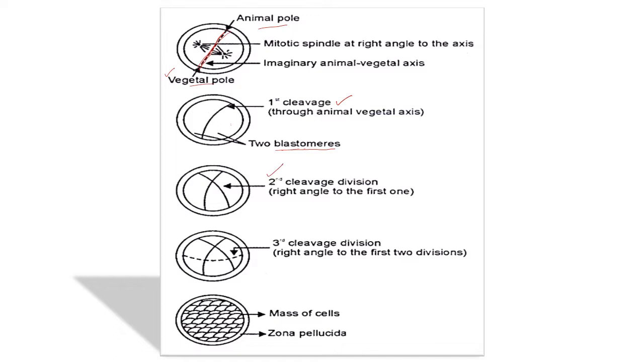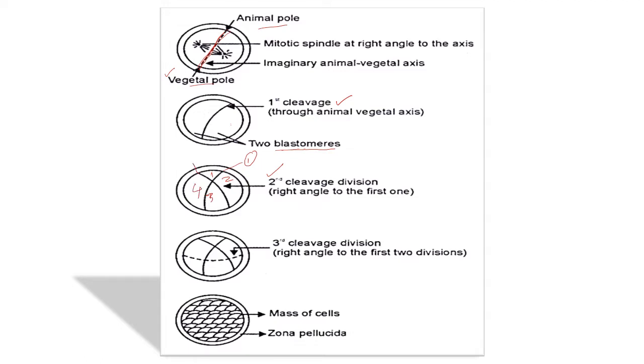So the first cleavage division is vertical and it forms two blastomeres, and these two blastomeres again divide vertically, at right angles to the first cleavage division. As a result, it forms four blastomeres.